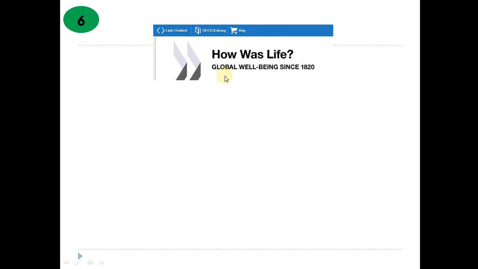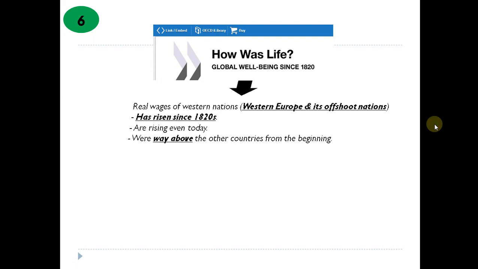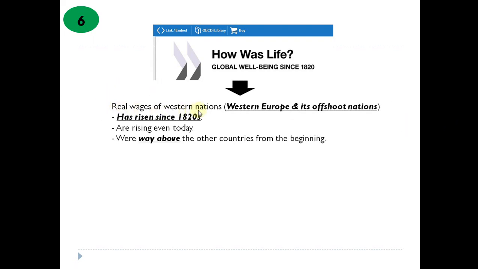One set of conclusions that I could understand from this article was that real wages of Western nations, by this I mean Western Europe and its offshoot nations like Canada, USA, Australia, have risen since the 1820s, are rising even today, and were way above the other countries from the beginning. So from the 1820s itself, people in these countries were earning well.